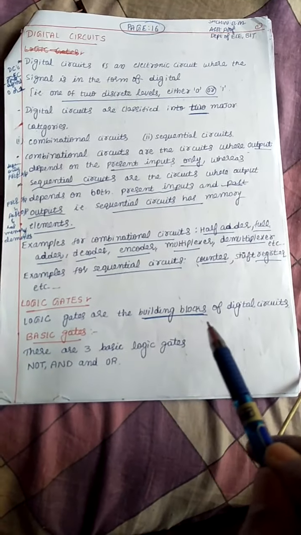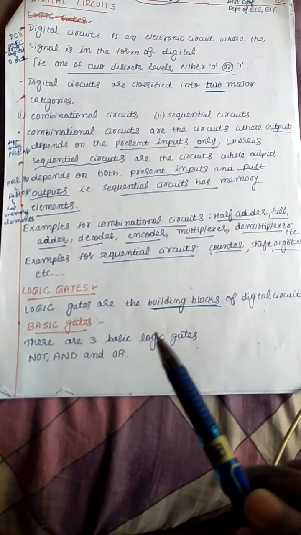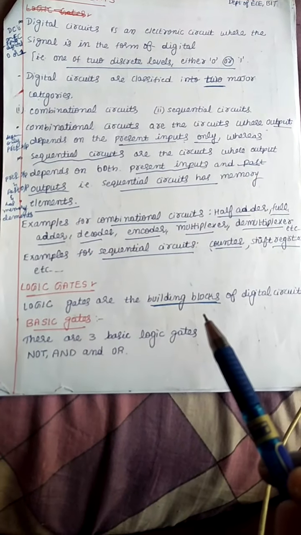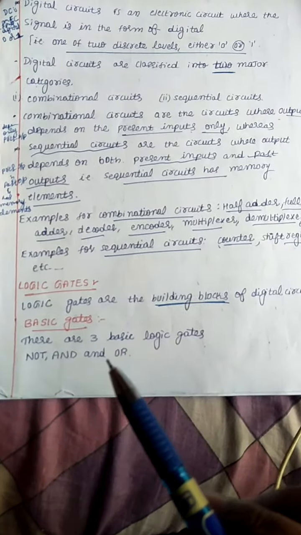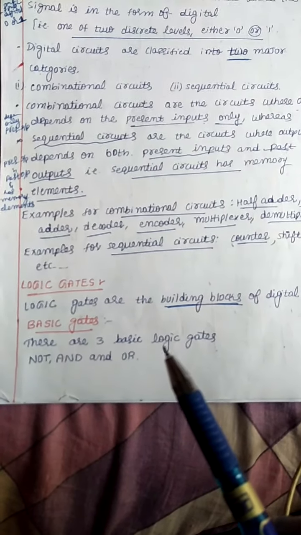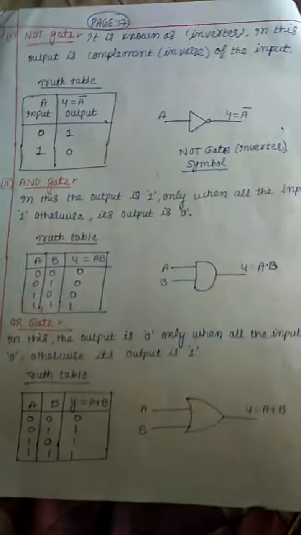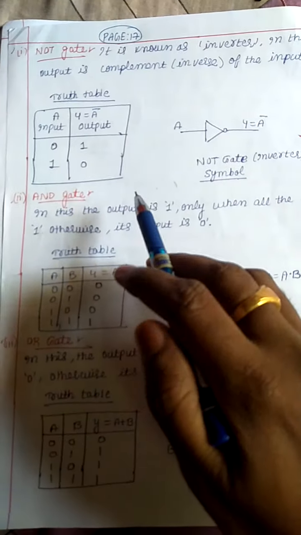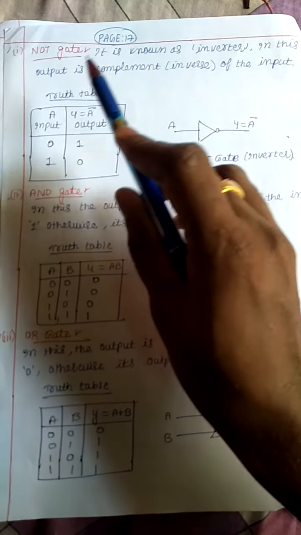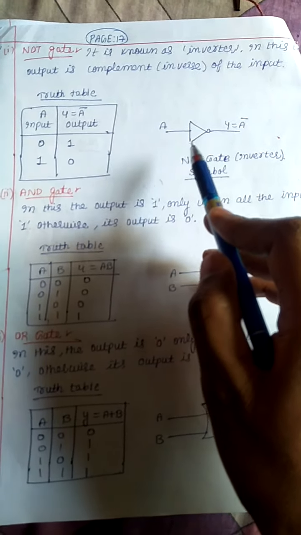Logic gates are the building blocks of digital circuits, right? There are three basic logic gates: AND, NOT and OR. The NOT gate is called an inverter. Symbolically we represent a NOT gate like this.